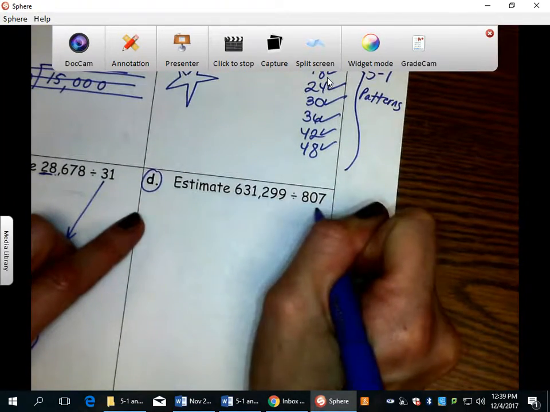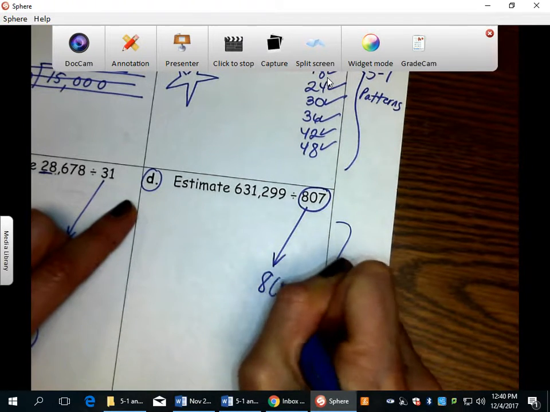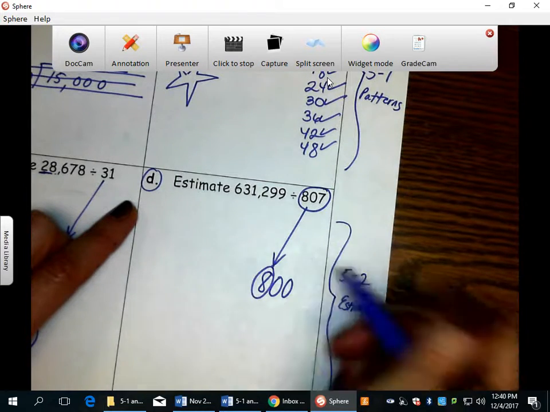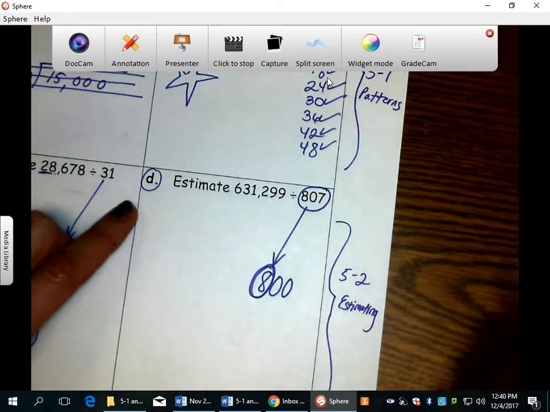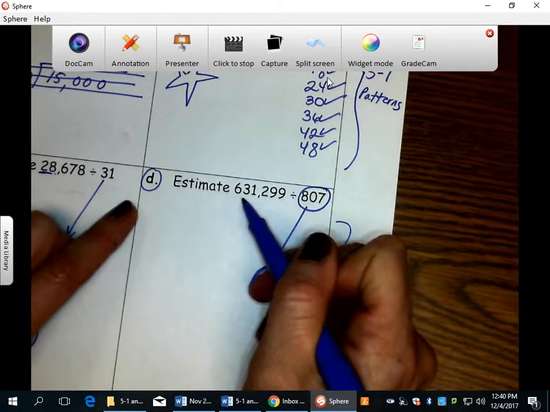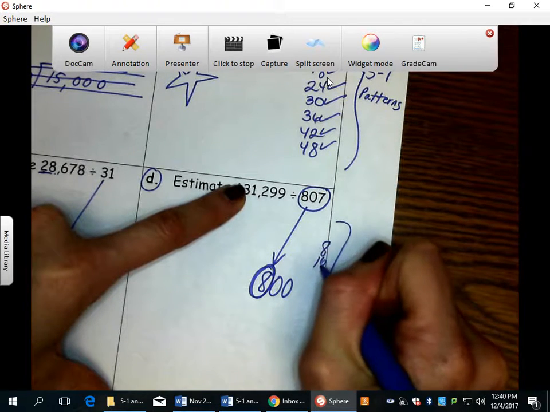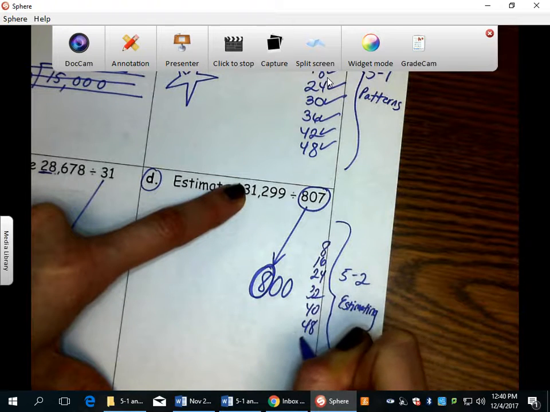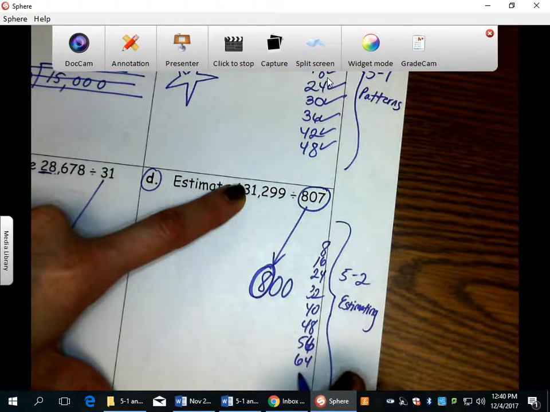And this last one again looks scary. I say, wait a minute, I'm estimating. I'm just going to make this divisor nice and easy. I look at that 8. I'm really focusing on my basic facts. 8 goes into something. If I'm not sure, some of you can see it right away, some of you need to count by 8s. 8, 16, 24, 32, 40, 48, 56, 64, and 72.